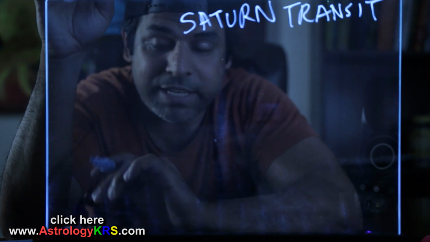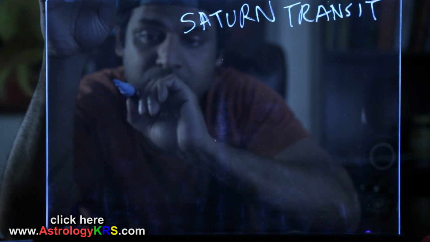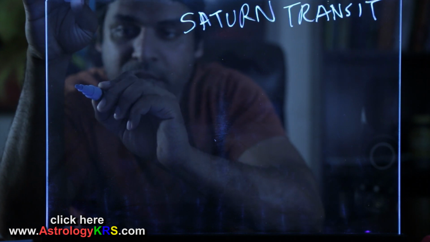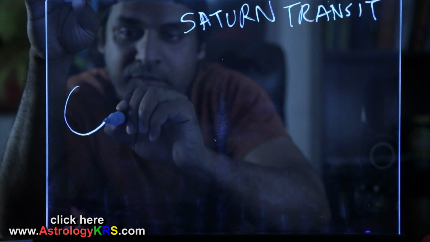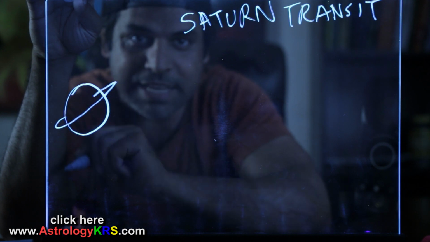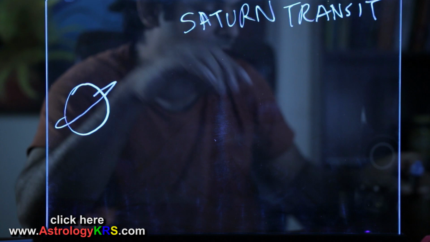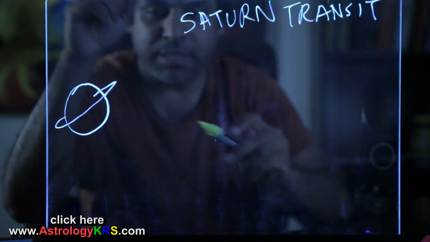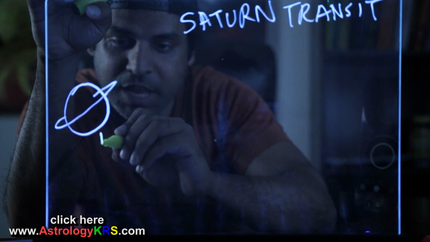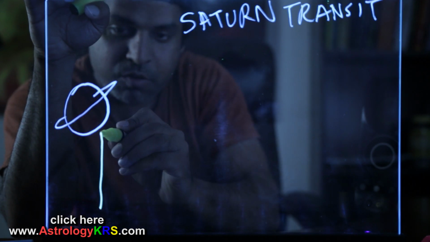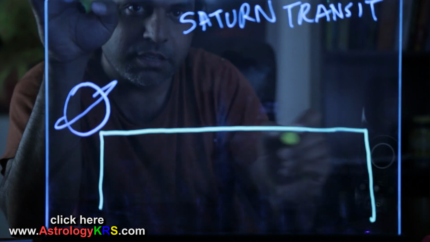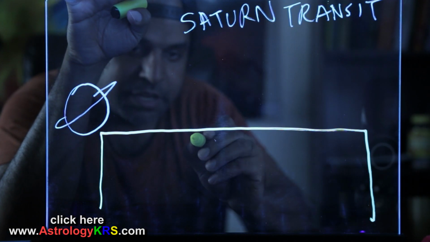So right now, let's say starting January of 2017, this is Saturn, okay? That's Saturn. By January, Saturn will be entering the zodiac sign of Sagittarius.